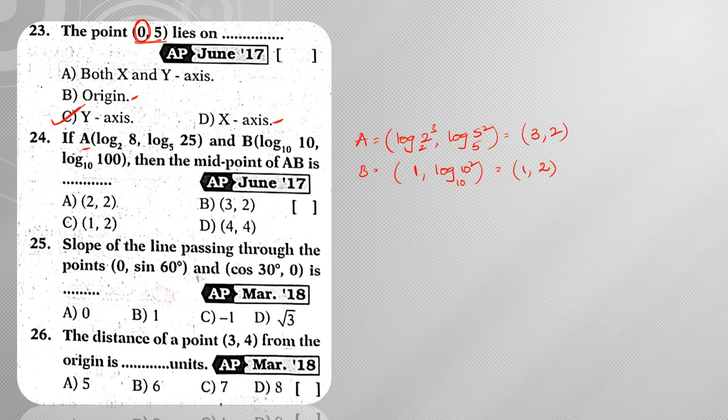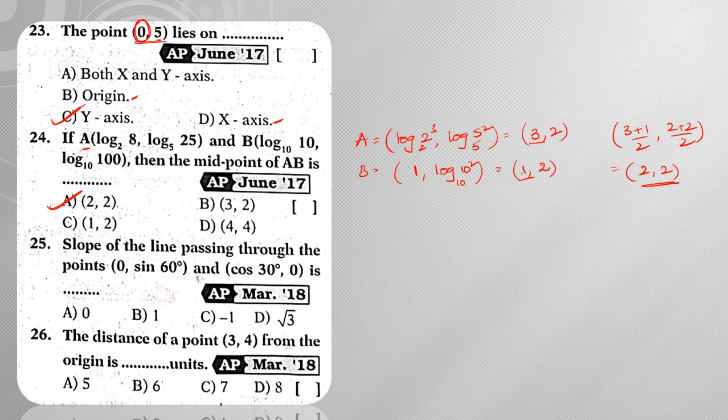So midpoint of AB, we already know the formula for the midpoint of 2 points, that is x1 plus x2 by 2, y1 plus y2 by 2. Now on substituting, 3 plus 1 by 2 comma 2 plus 2 by 2. Now 3 plus 1 is 4, 4 by 2 is 2, next 2 plus 2 is 4, 4 by 2 is 2, hence the answer is 2 comma 2.